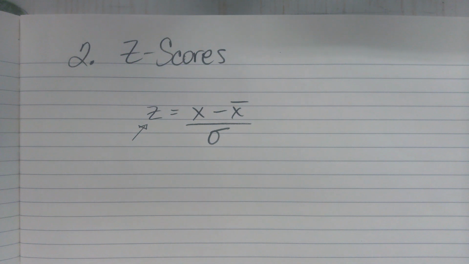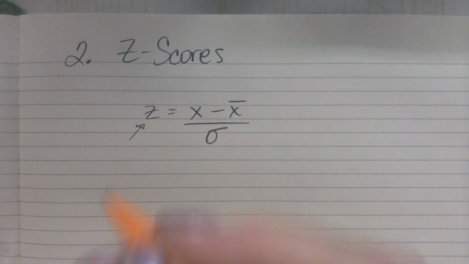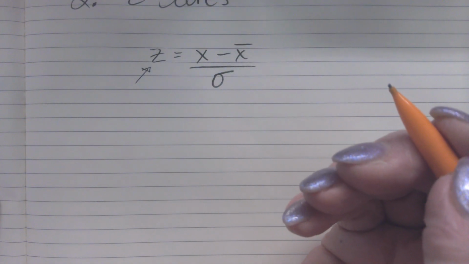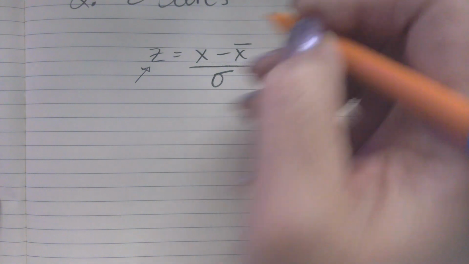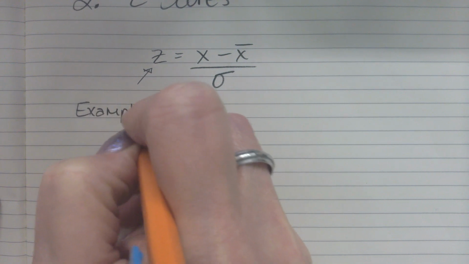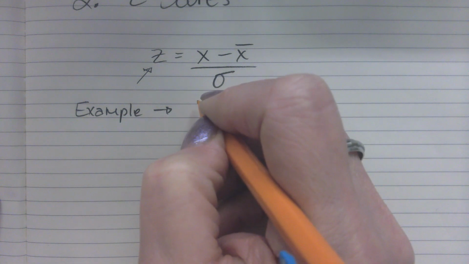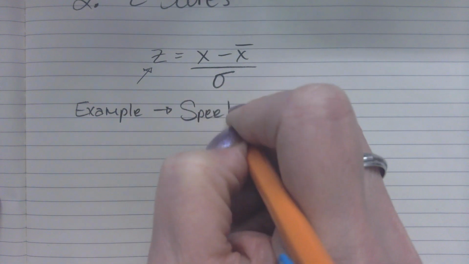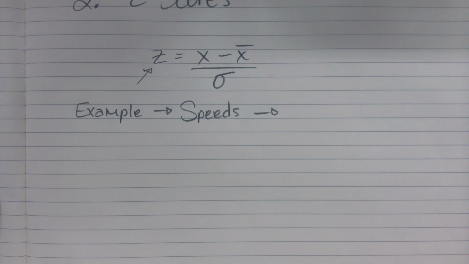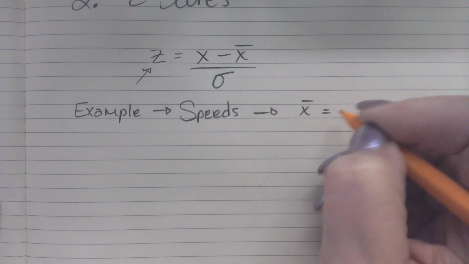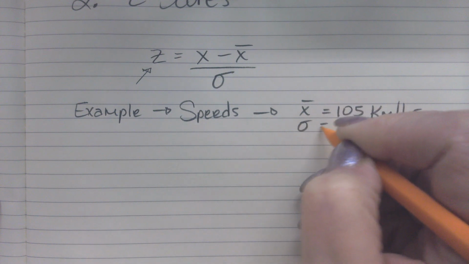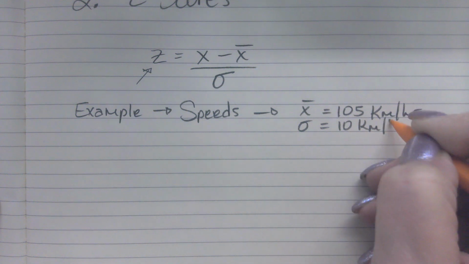So for example, I'm going to use the example from the last day, with the cars and their speeds. You can use this formula to find even those. We had our mean at 105 kilometers an hour and the standard deviation was 10 kilometers an hour.